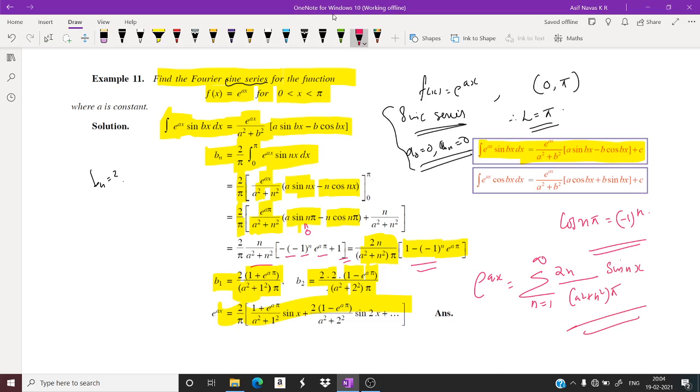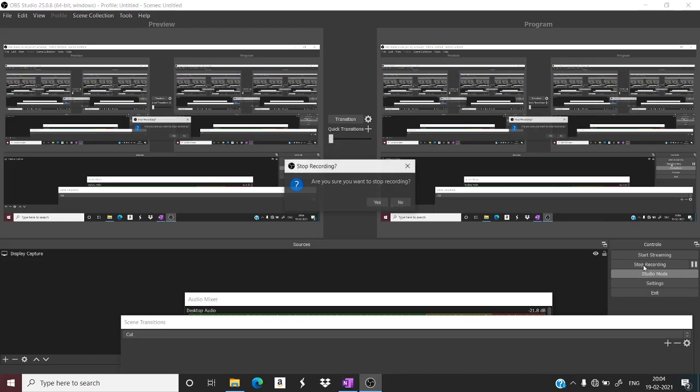So this is the Fourier half-range sine series expansion.